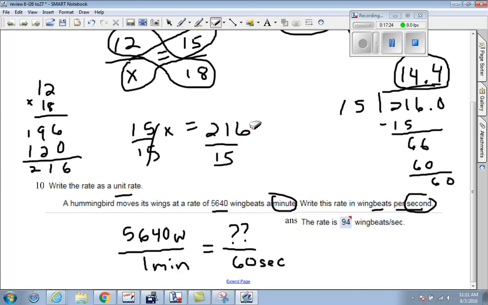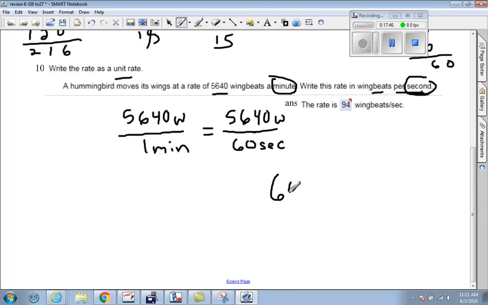So that really means that you're doing 5,640 wing beats in 60 seconds, but aha, it didn't ask for per 60 seconds. It asked for per second. So it's like getting a unit rate. So how am I going to do that? I'm going to have to divide 60 into 5640. In other words, reduce this. If we luck out, it'll divide evenly.